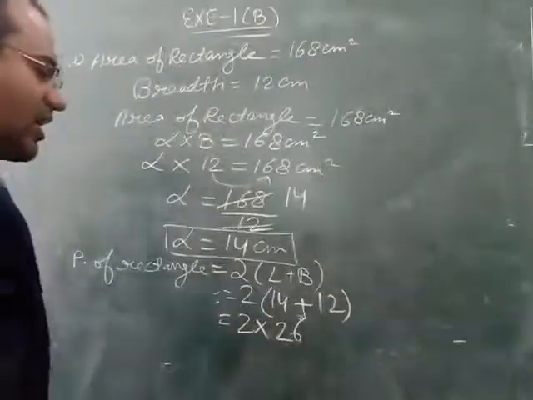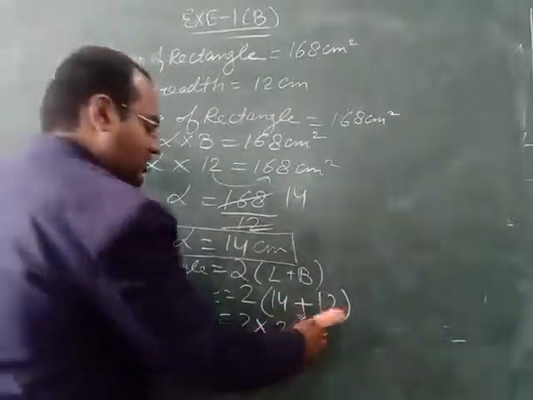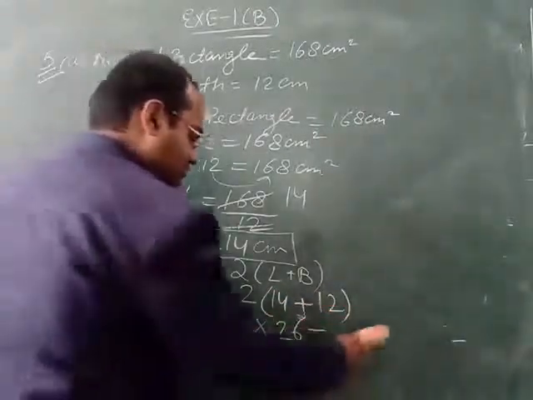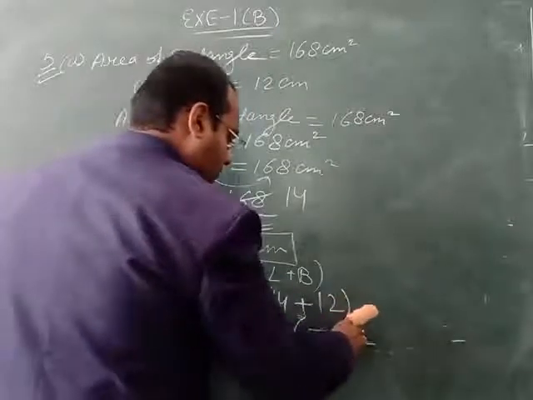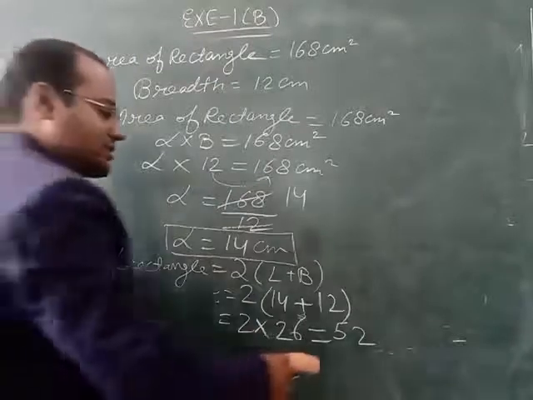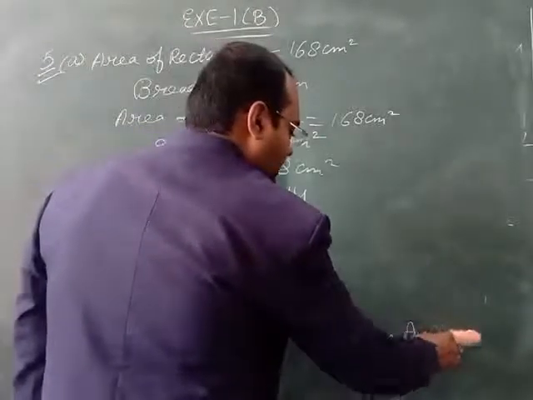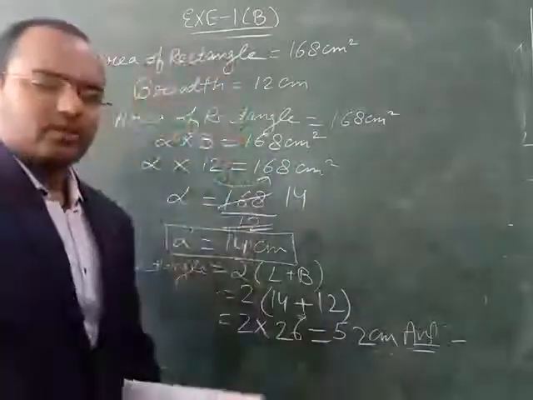After adding 14 and 12, we will get 26. Now 26 into 2, the answer will be 52. This is the answer of perimeter of rectangle. So the unit will be 52 centimeter. So this is your final answer of question number 5.